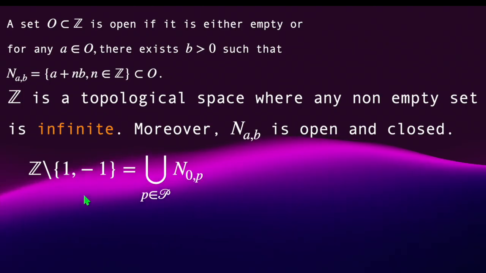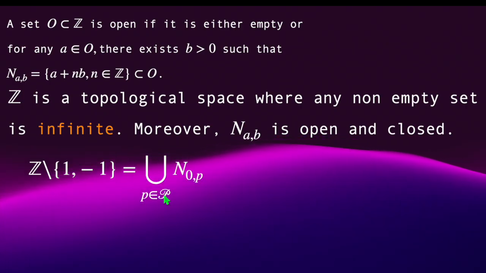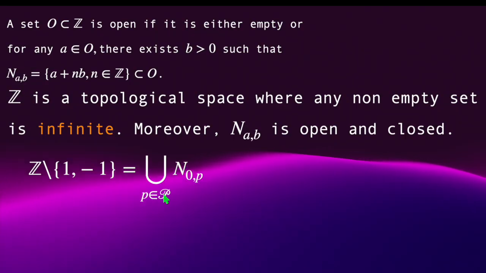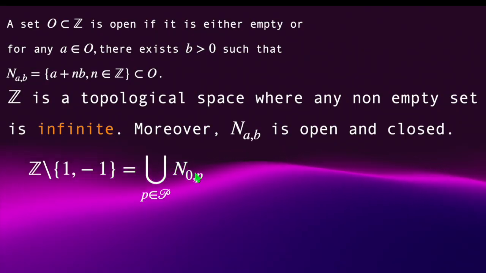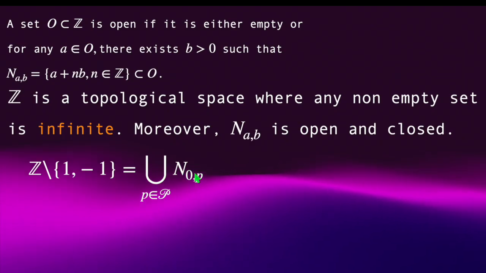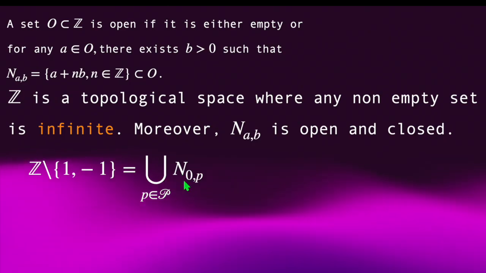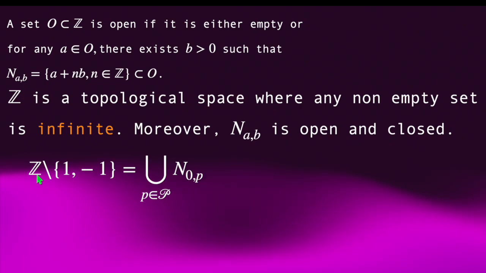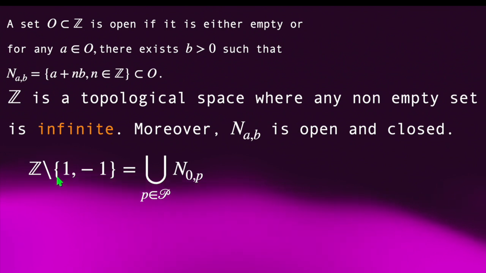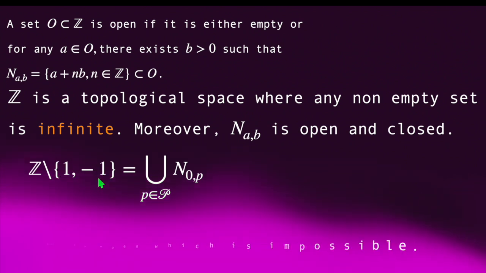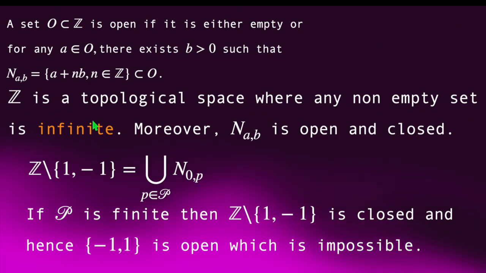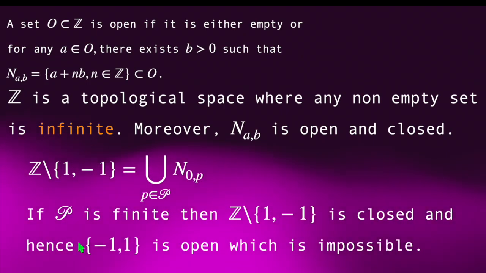Now, if we suppose that P, the set of primes, is finite, this union, the union of finite closed sets, is a closed set, so this will be closed, and hence Z minus 1 is closed, so this set is open. And it's a contradiction, because we know that any non-empty open set is infinite, and we get the contradiction.